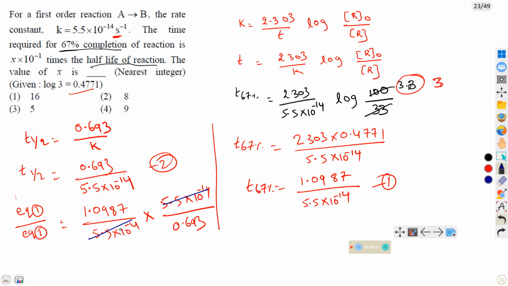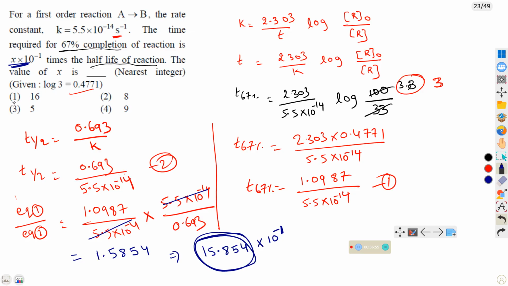Then you will get 1.5854. It can be written as 15.854 into 10 power minus 1, X into 10 power minus 1. X value is 15.854, nearly equal to 16.